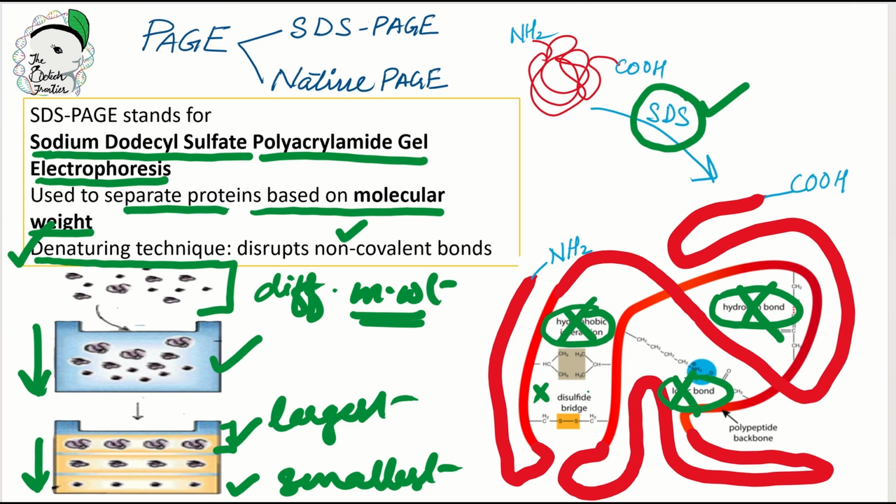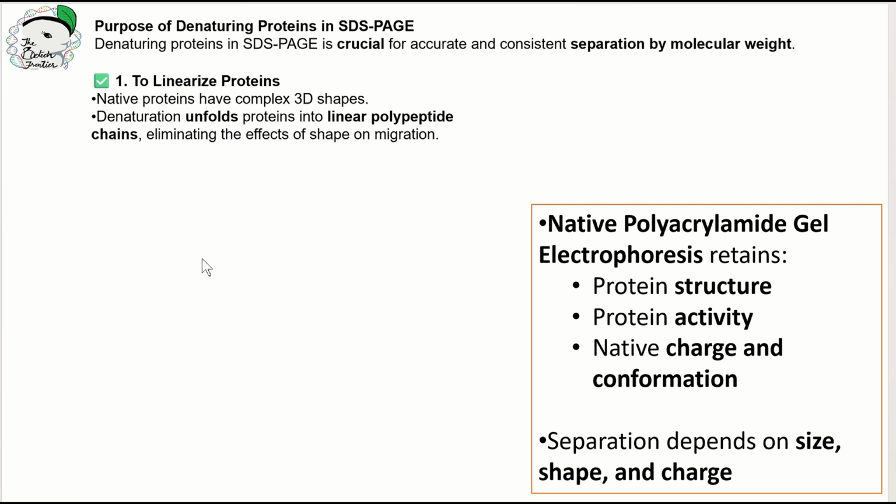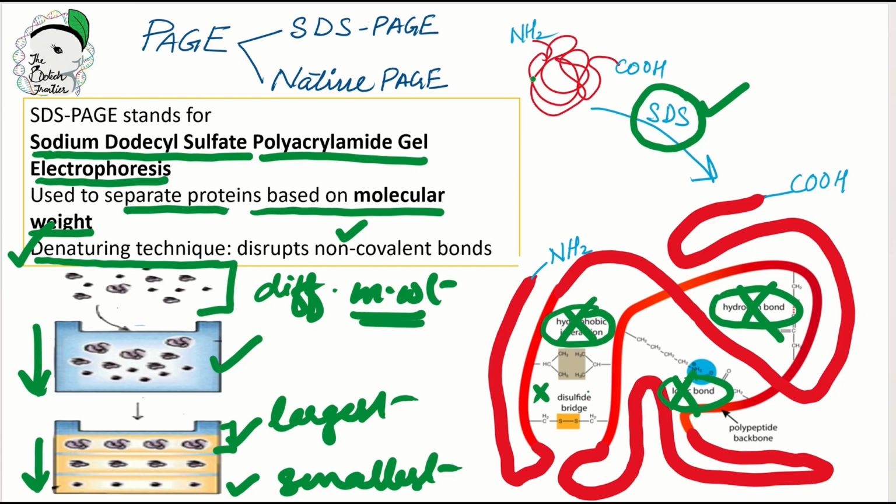And why are we supposed to denature any protein, because we intend to study the protein, right? But for this special technique, we are supposed to denature the protein. Why do we want to denature the protein? To get an accurate and consistent separation on the basis of molecular weight. Because sometimes, let's suppose this is the tertiary structure of any protein.